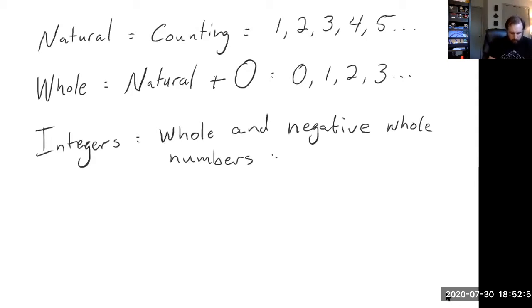So we could say that would include -2, -1, 0, 1, 2, and so on. So all of the negative whole numbers, 0, and all the positive whole numbers.